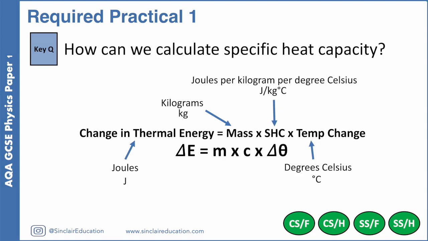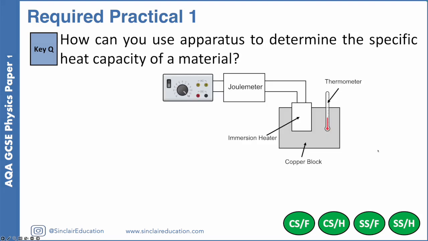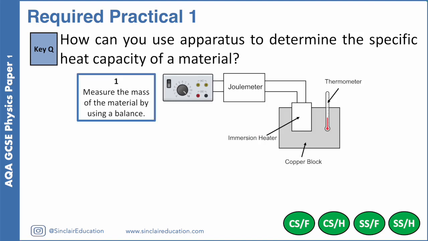Temperature change is where we need to be careful with our description, because to know temperature change, we actually need to record the start temperature, the end temperature, and find the difference between the two. As a basic outline for equipment, we first measure the mass of the material by using a balance.